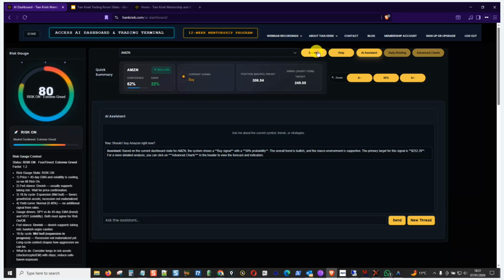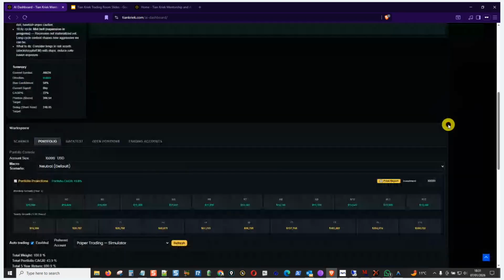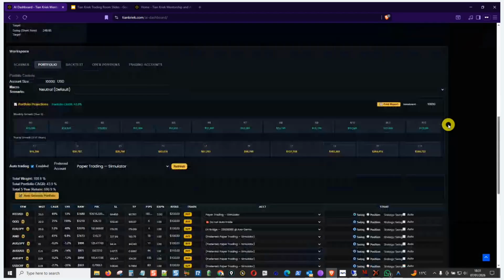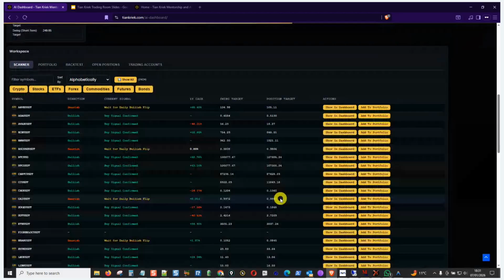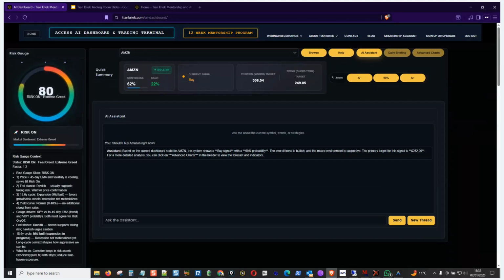I can click on the browse button over here to open up the search for any symbol, or I can scroll down to the scanner and select the particular crypto that I want to select. If the screen is too small or too large, remember that there is a built-in zoom function here.